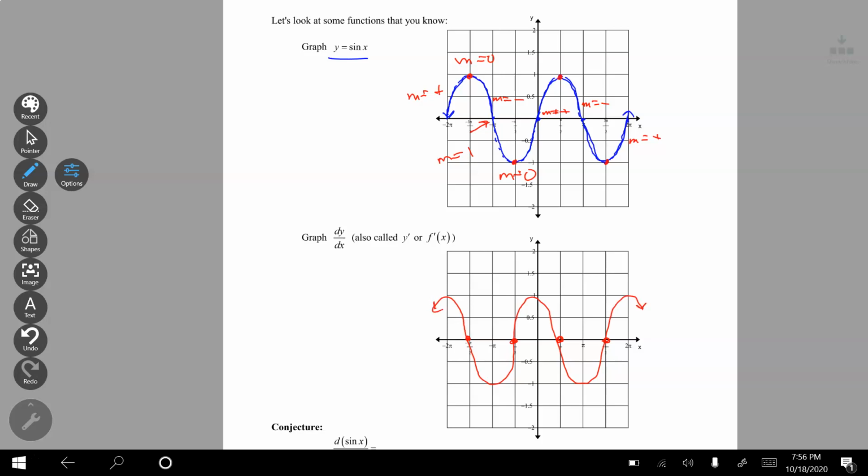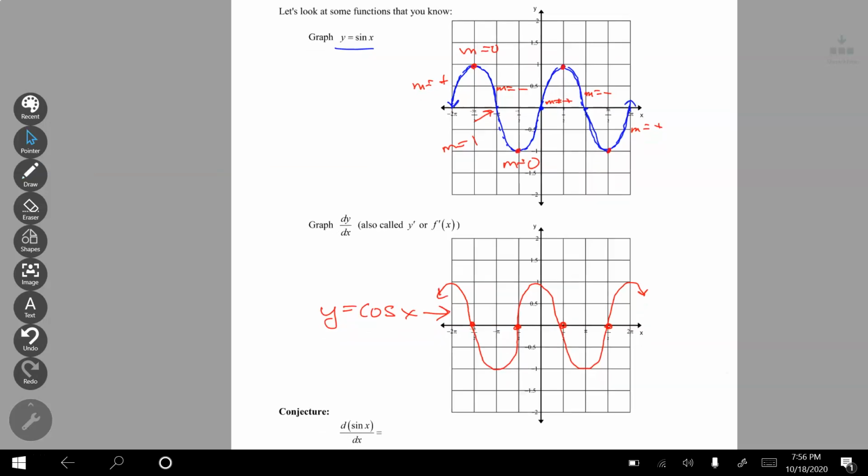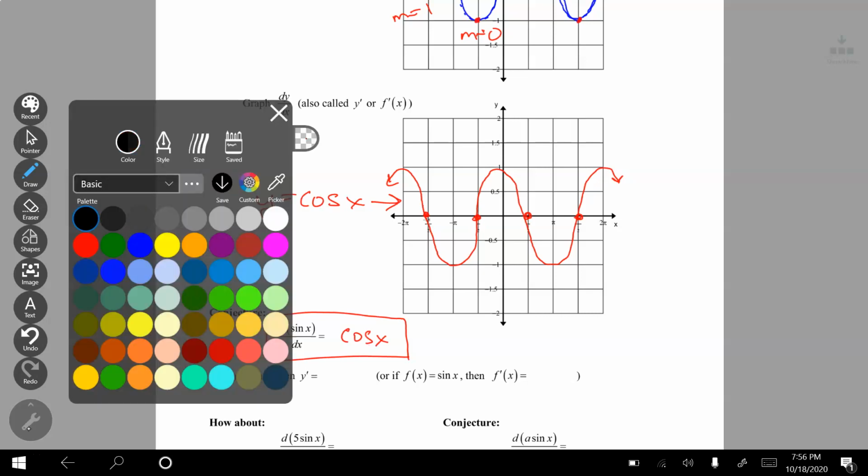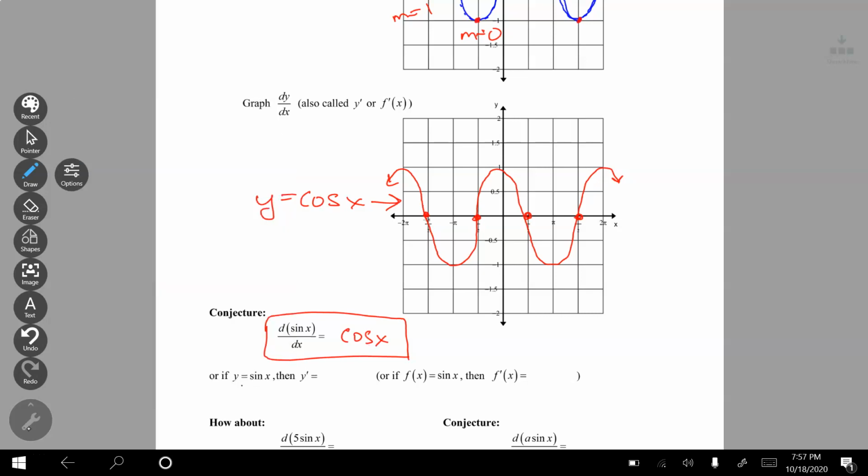We talked about this last class, that this graph is a cosine graph. So the derivative of sine, so the d dx, or the derivative of sine with respect to x, is cosine of x. Or if y equals sine of x, y prime is cosine of x. Or f prime is cosine of x.